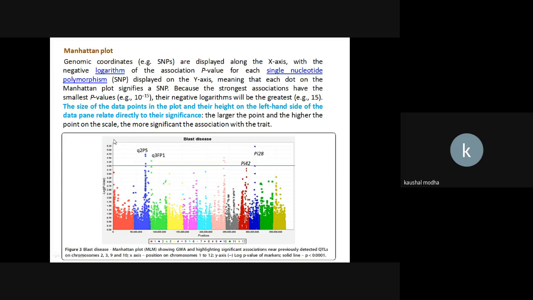Now suppose error probability for a particular SNP, for a particular experiment, is 10 raised to minus 15. If you work out the negative logarithm of that, 10 raised to minus 15 means the logarithm would be minus 15, but we are talking about negative logarithm, so the negative logarithm of 10 raised to minus 15 would be 15.